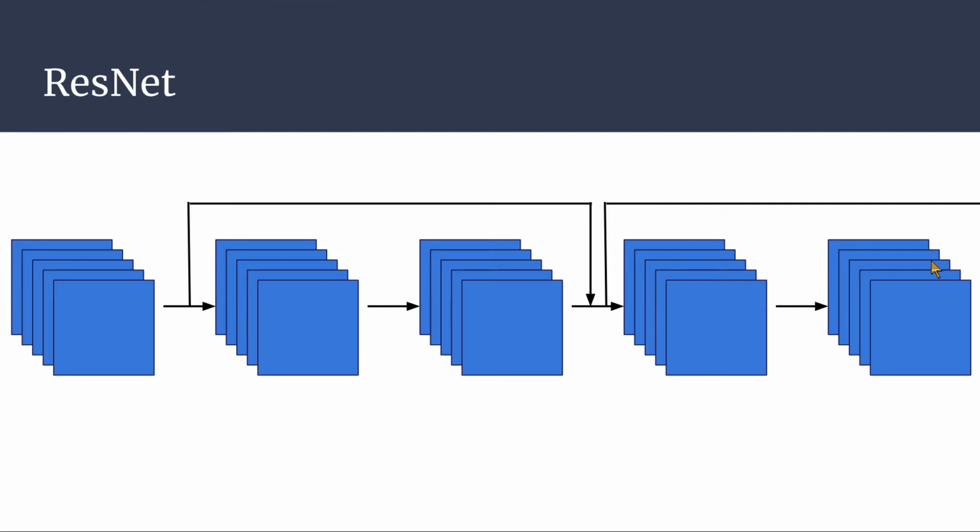And the reason that they do this is that the authors noted when they were deriving this that when you're trying to classify an image, you're applying a whole bunch of transformations to get from your input, the image, to the output, which is all the classes that that image could be.